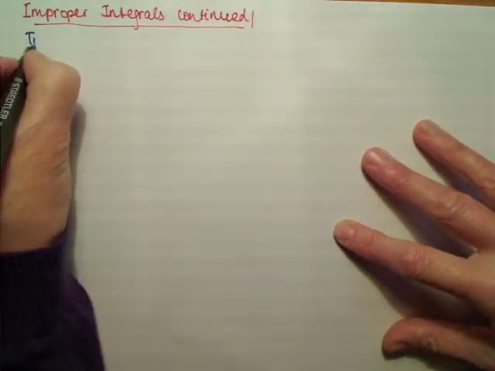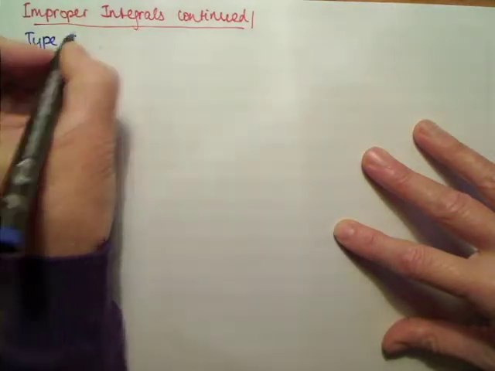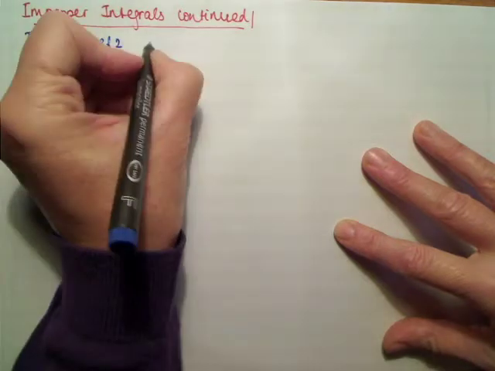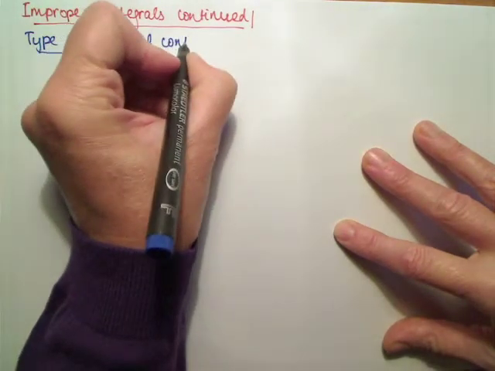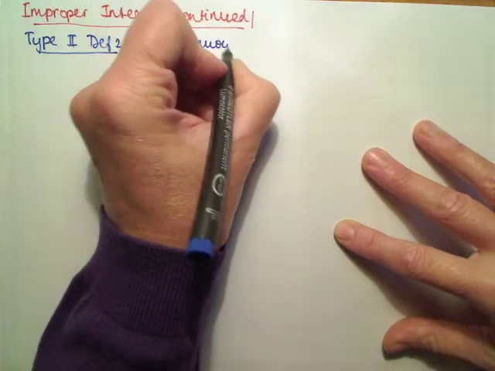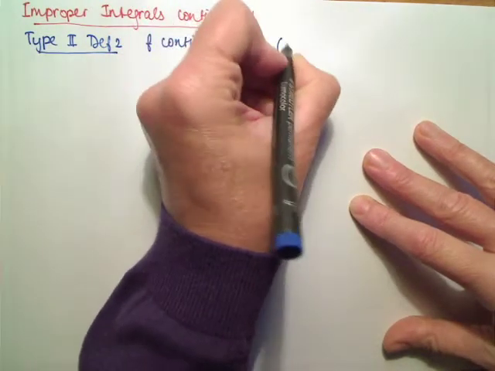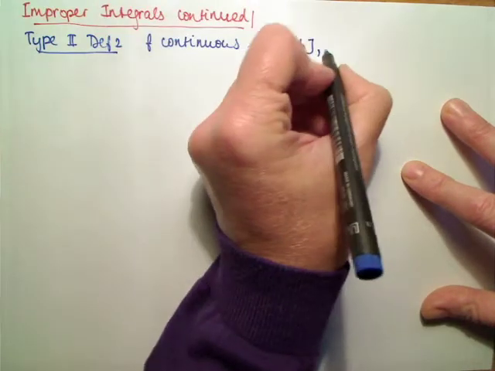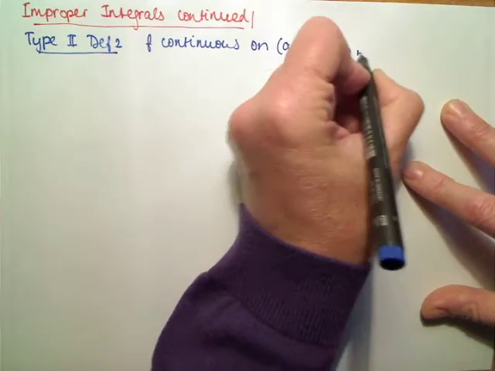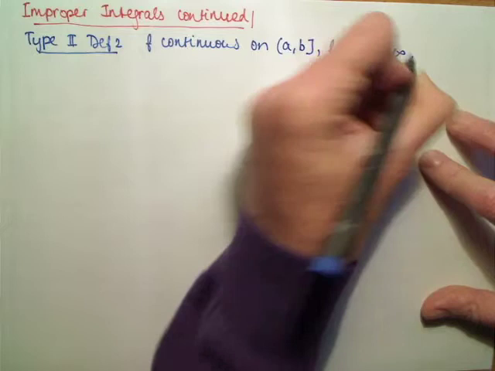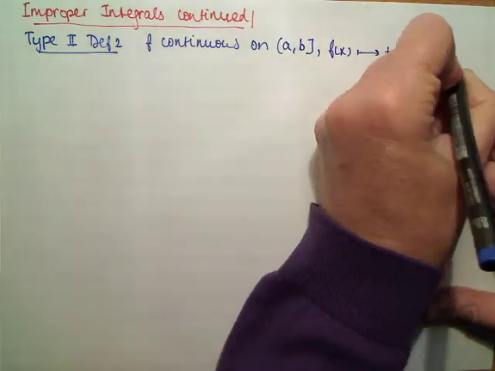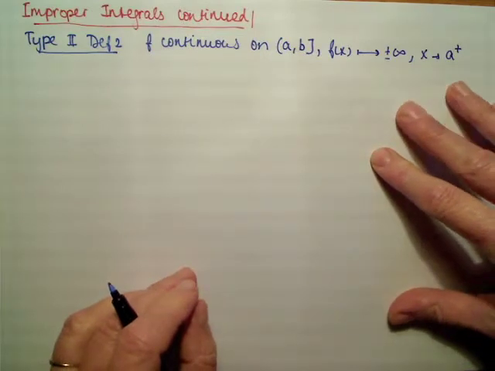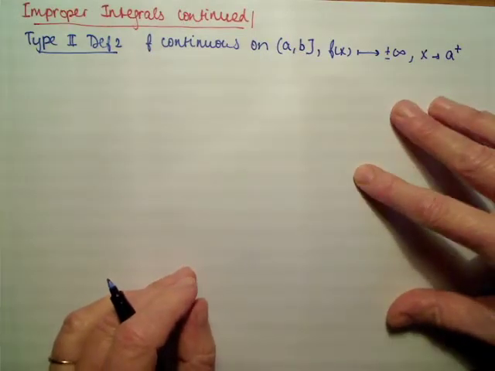So we have the following situation: a continuous function f on the left open interval a to b, where f of x converges to plus or minus infinity as x approaches a from the right. So the left point of the interval is approached from the right, clearly.